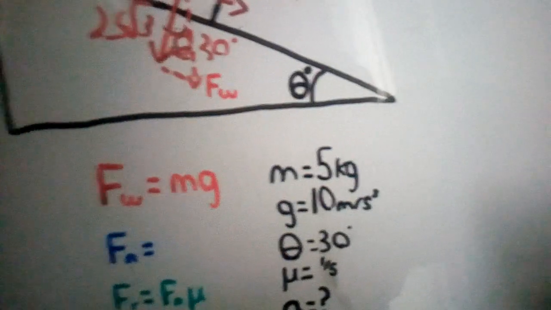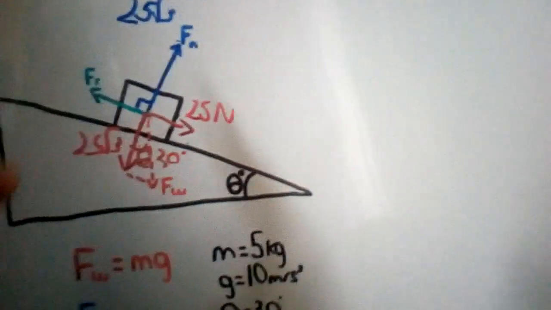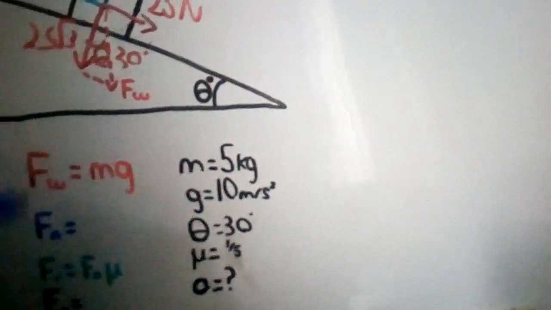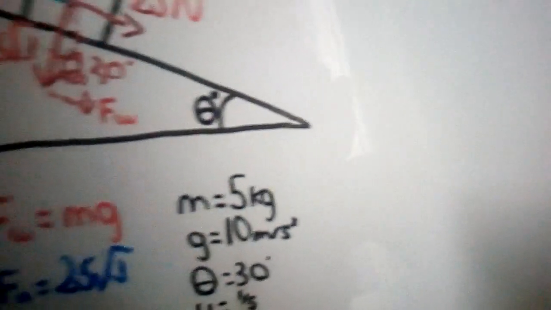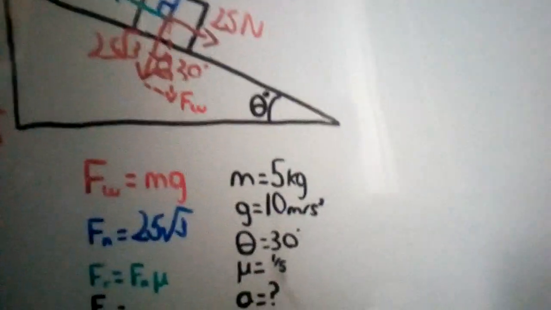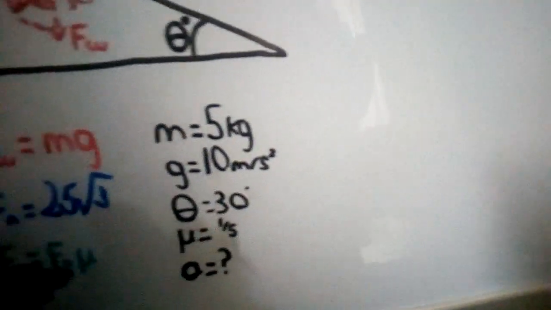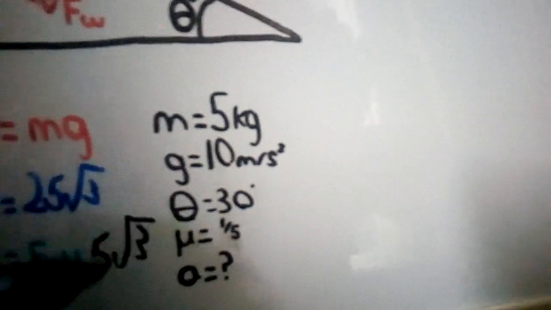So the friction force is normal contact force times the coefficient. We know that's 25 root 3, so 25 root 3 times a fifth, which is how we get the friction force. That would be 5 root 3. So that's our friction force.